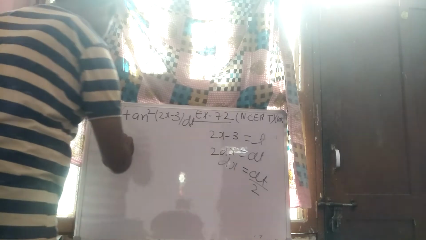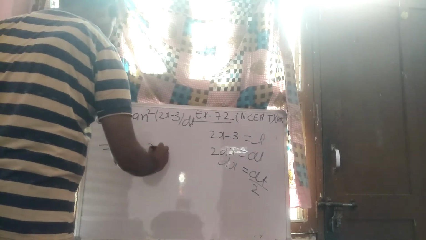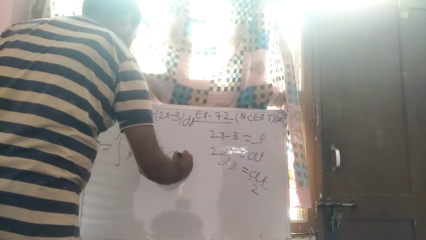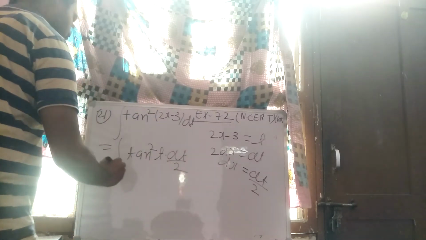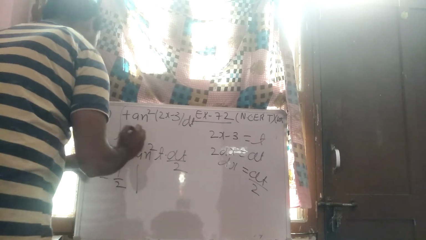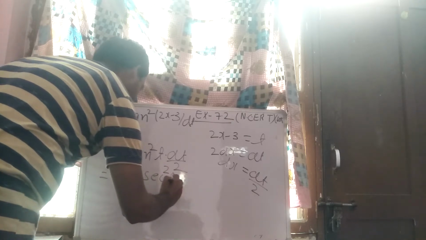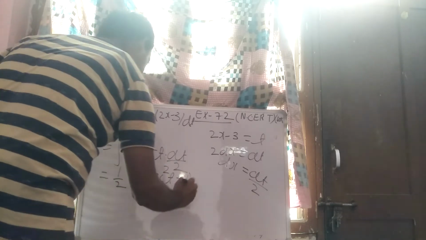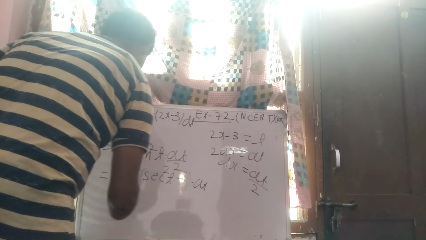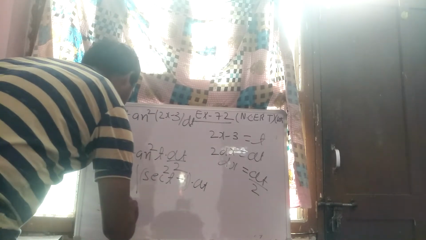Here is tan square t into dt upon 2, and we also have 1 upon 2. This is sec square t minus 1, so 1 upon 2 into (sec square t minus 1) dt.